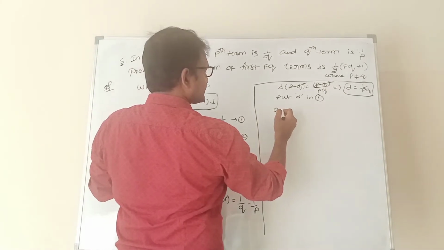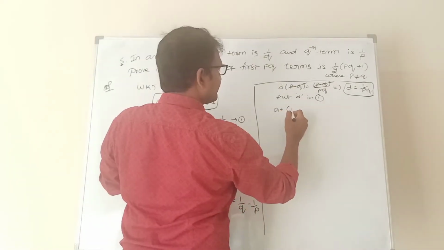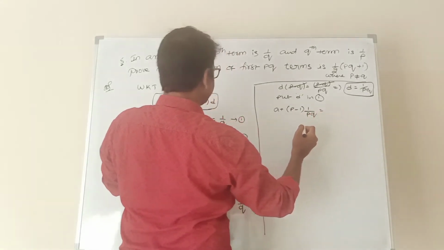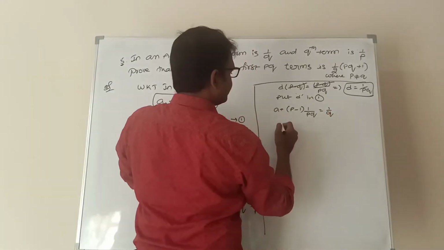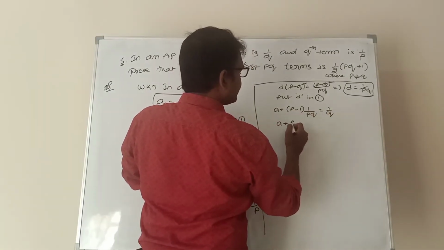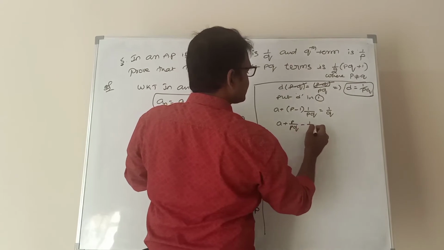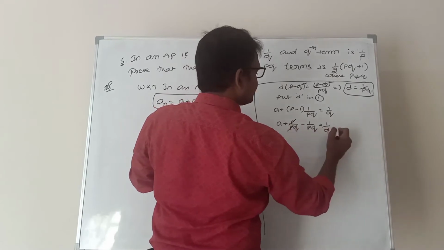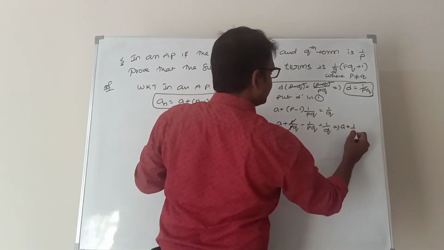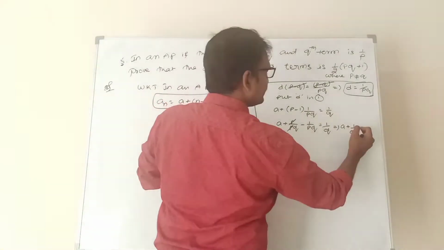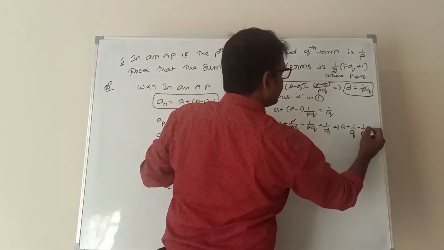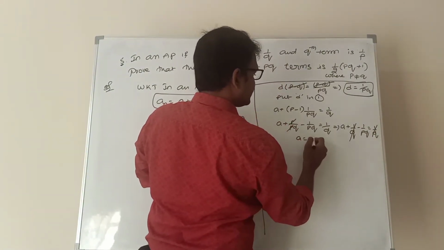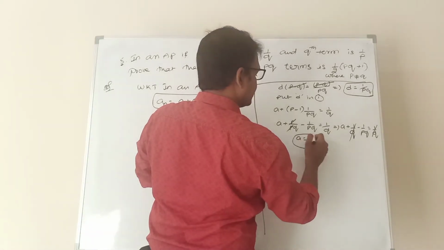Then we get a plus p minus 1 into d, d means 1 by pq, is equal to 1 by q. a plus p into 1 by pq is p by pq, minus 1 by pq, is equal to 1 by q. P gets cancelled, so a plus 1 by q minus 1 by pq is equal to 1 by q. Plus 1 by q and 1 by q gets cancelled. Therefore a is equal to 1 by pq. This is the value of a.